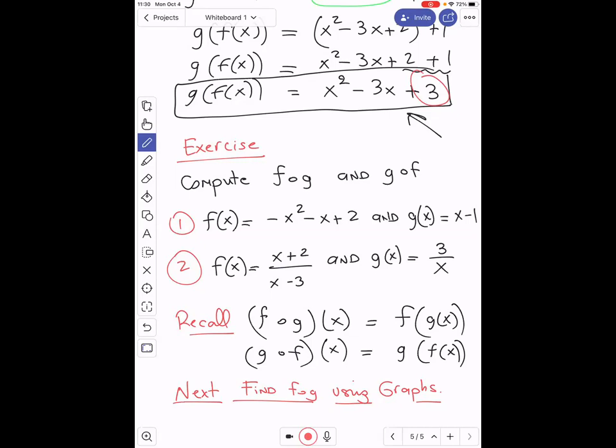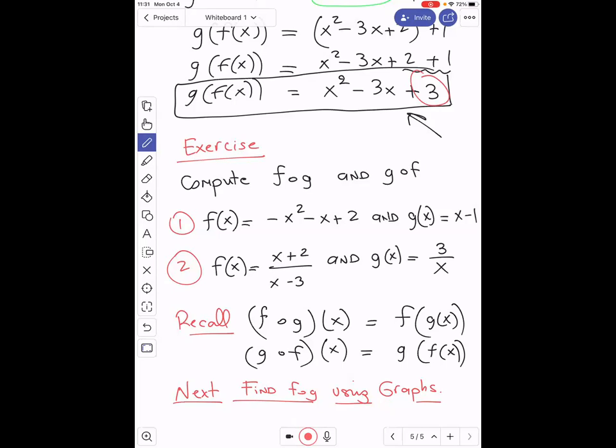Well, I think actually your second one is not correct. The g of f of x, I think this is incorrect. Now the f of g, I'm not sure.